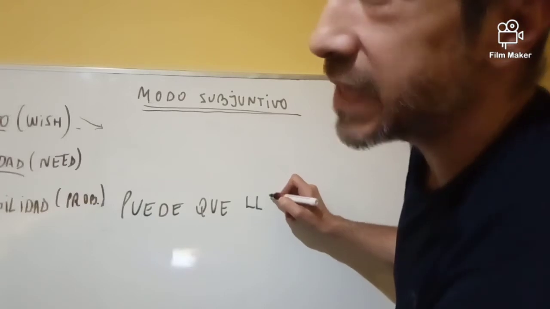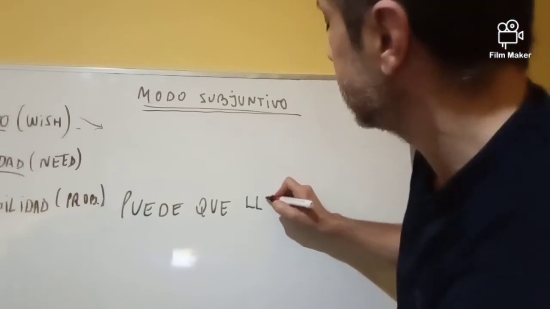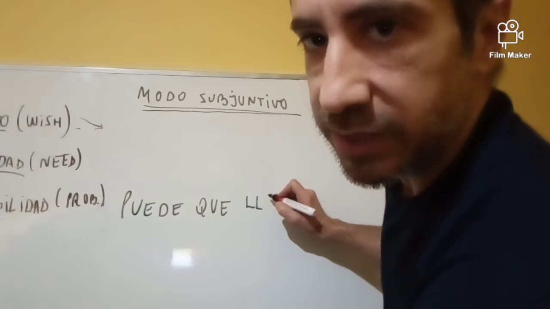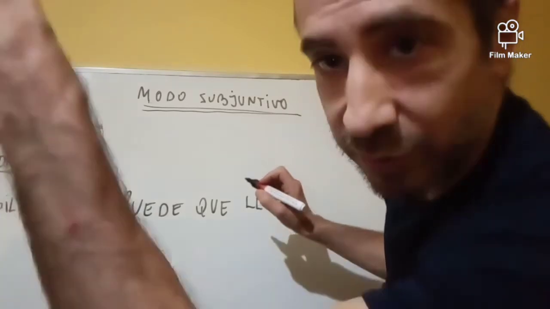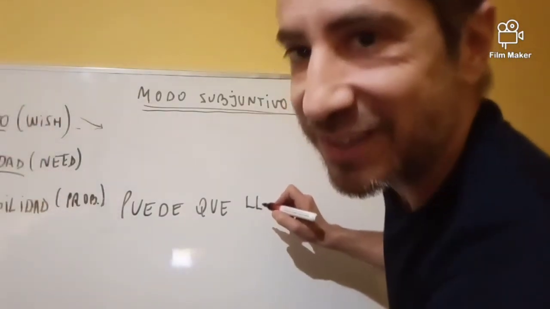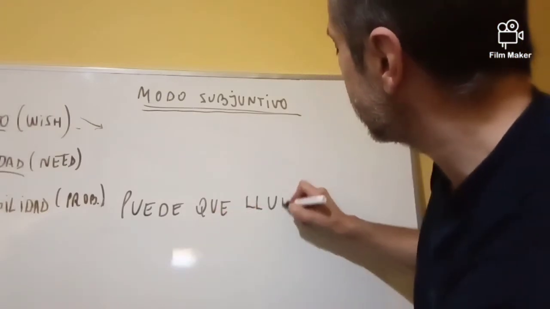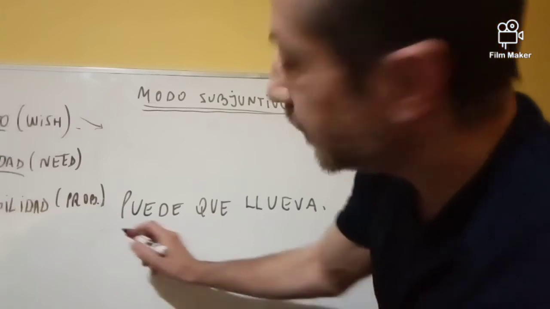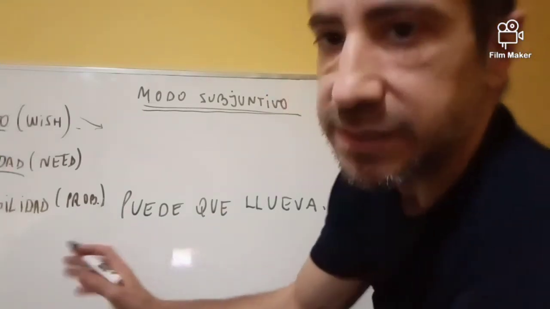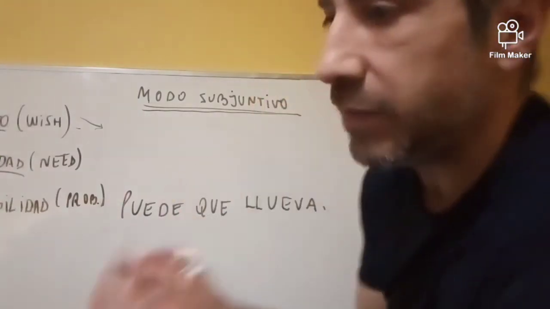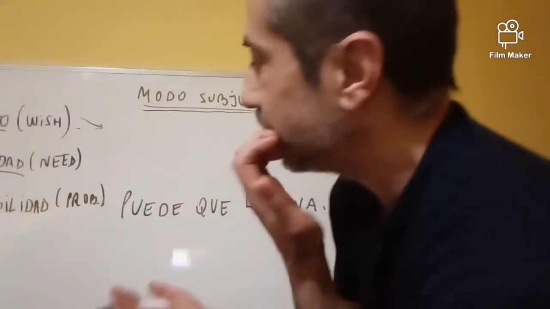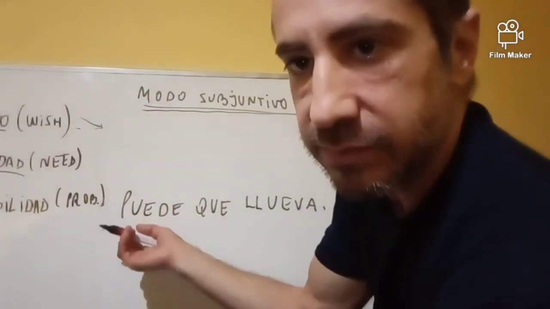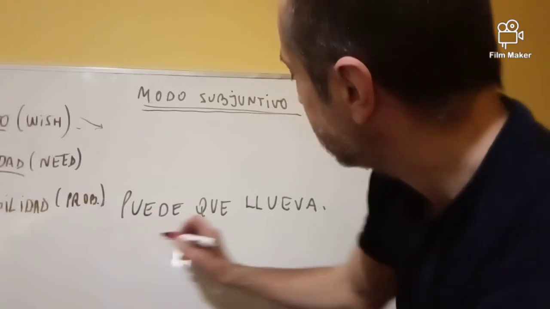And I'm looking at the sky through my window, and it's probable. So puede que llueva in a few minutes. I love rainy days. Puede que llueva. It's impersonal. There is no one who can make it possible to rain, but we refer to this like this.